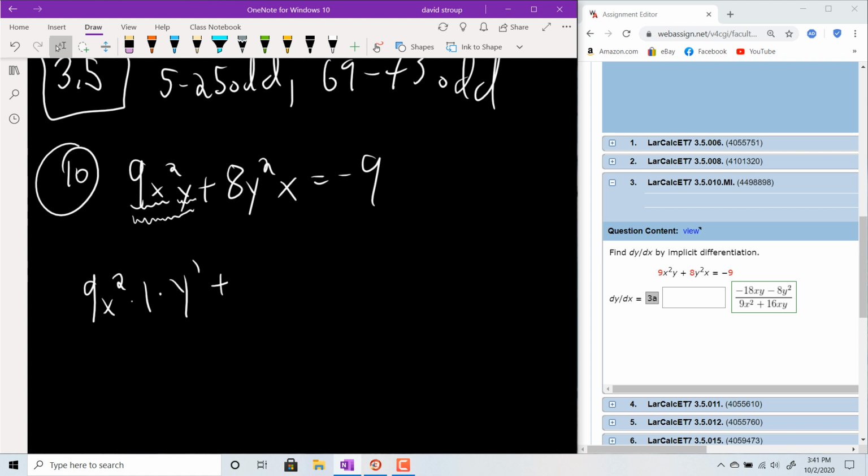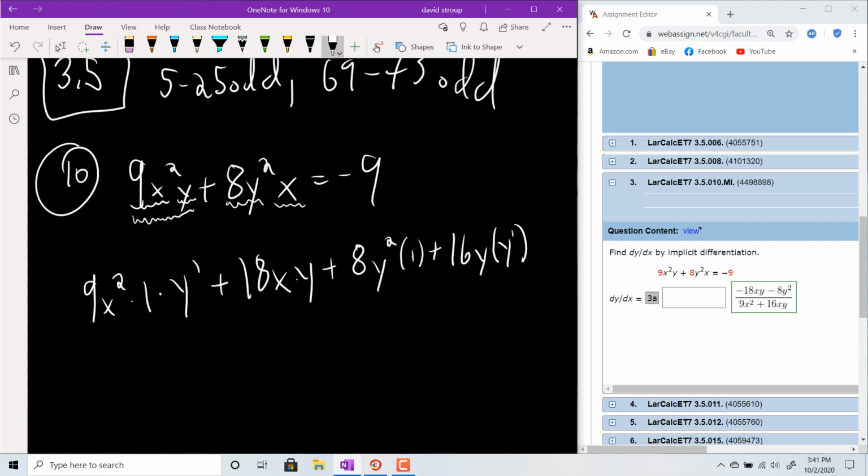And then plus, now you take the derivative of 9x squared. So that would be 18x, and then leave y alone. Okay, plus, this guy's the same deal, right? It's also a product. So I have leave 8y squared alone. The derivative of x is just 1. And then plus, the derivative of 8y squared will be 16y times the derivative of y, and leave x alone.